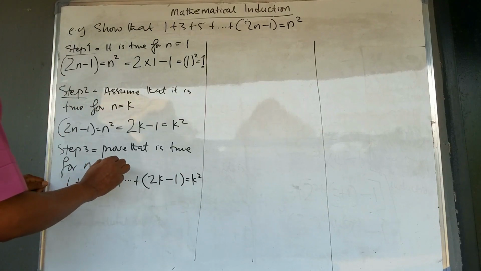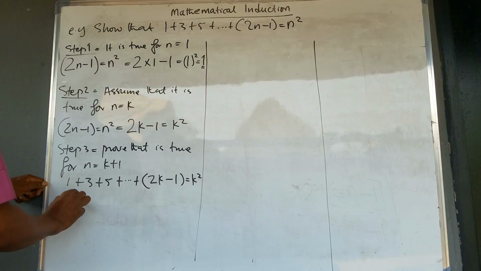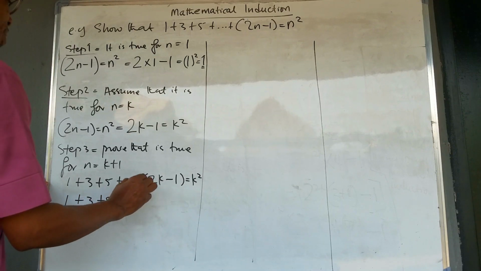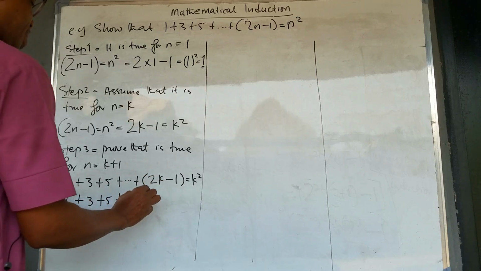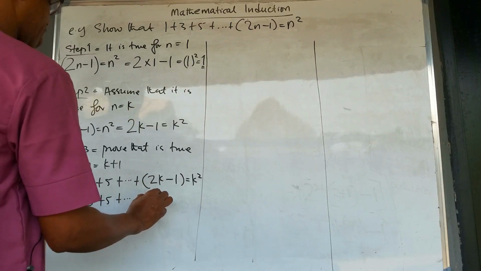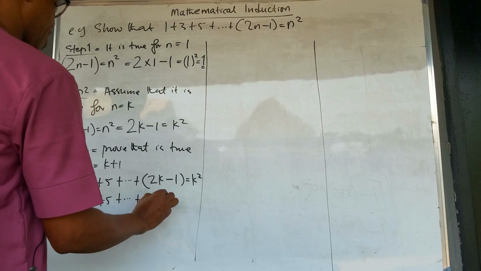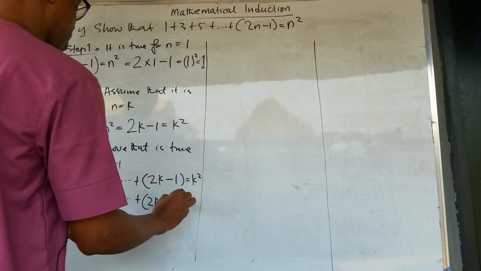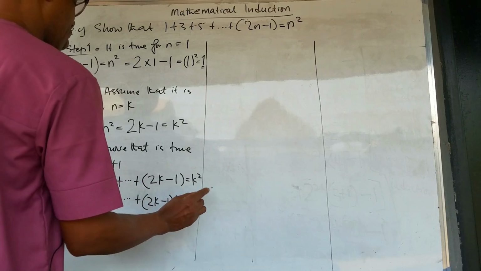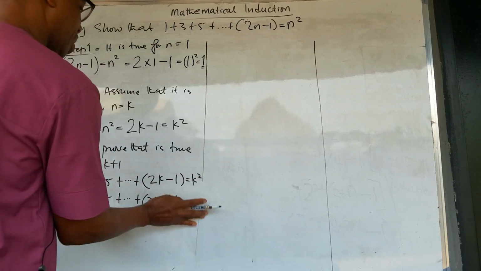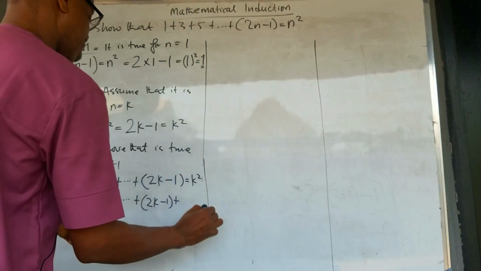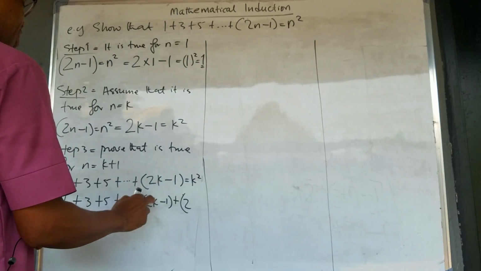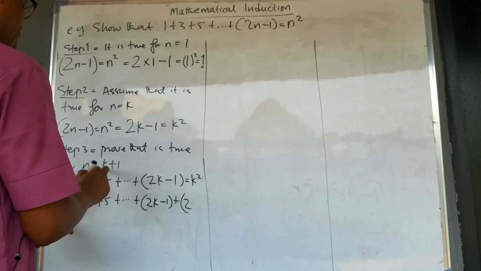But now I have k plus 1, so it will become 1 plus 3 plus 5 plus, I'll add this, 2k minus 1, plus the next one, which I will replace with 2. Now, anywhere I see k, I'll replace it with k plus 1 in this case.